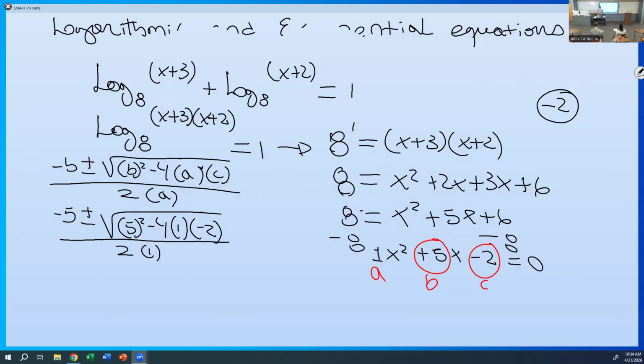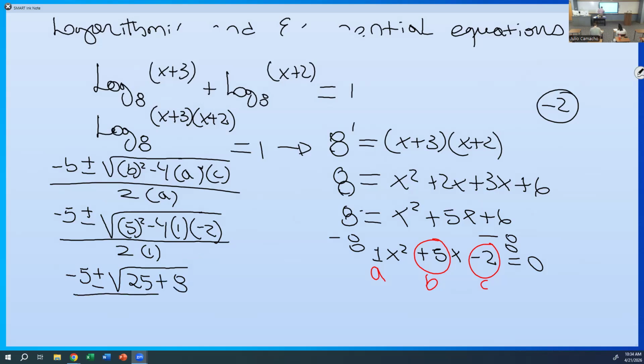You have negative 5 again, plus or minus the square root of 25, since 5 to the second power is 25, and then negative 4 times 1 times negative 2 is positive 8, plus 8.